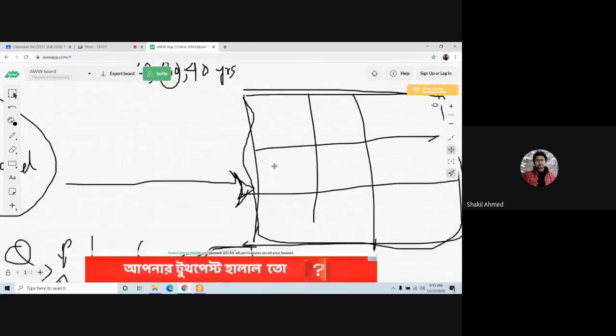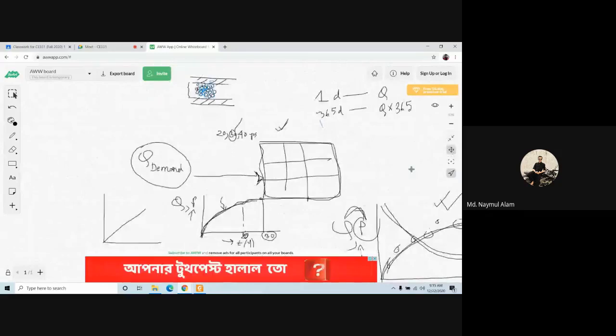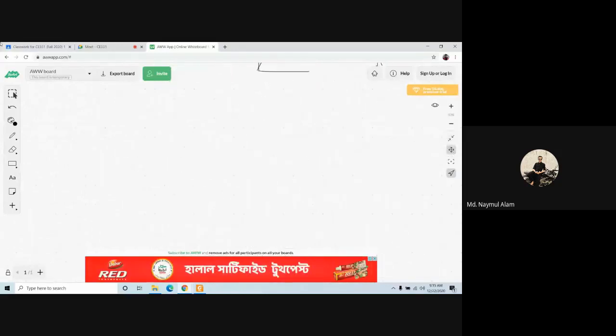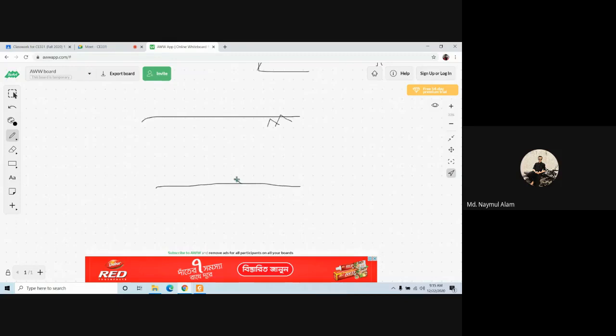Let's draw it again. For example, this is the ground surface. You have an aquifer here. For example, it's an unconfined aquifer. So this is the aquifer. So you need to inject a tube.